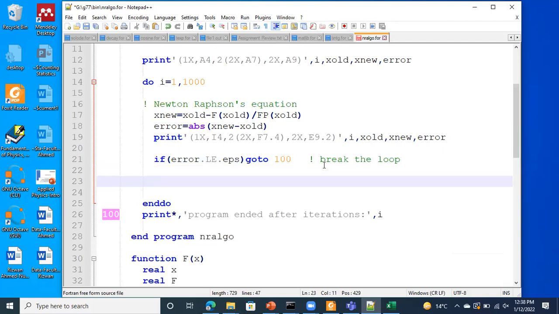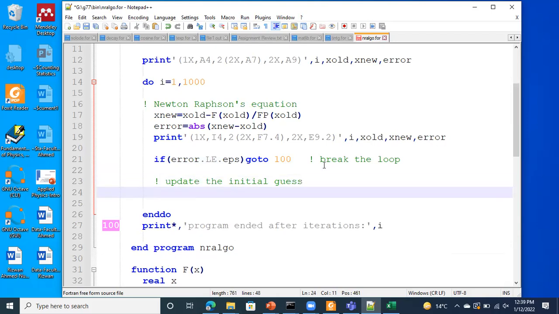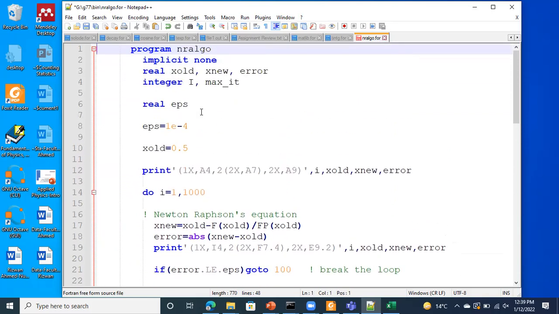So it should be here: else update the initial guess or approximation. So I would say x old equal to x new. So this is the program.